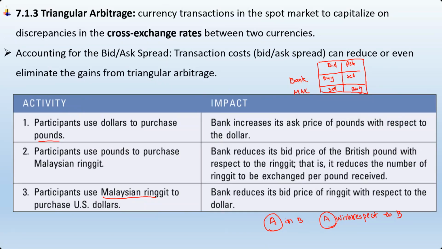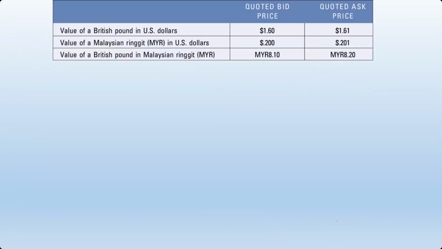And finally, when we sell Malaysia ringgit, the bid price of Malaysia ringgit will be lower. So any question here? Okay, so let's look at what if we have a bid-ask spread?